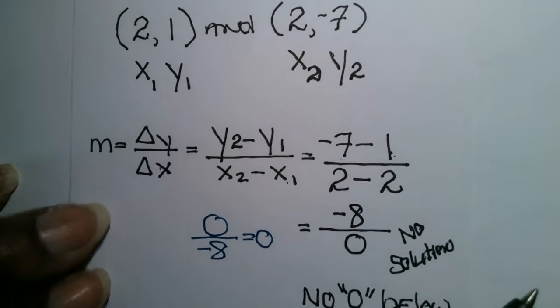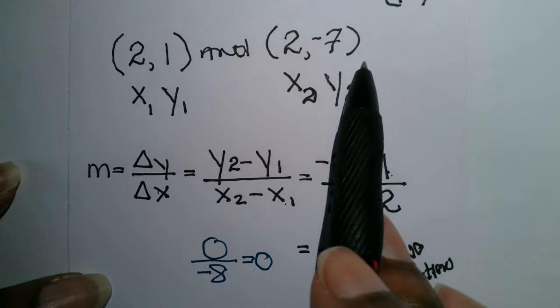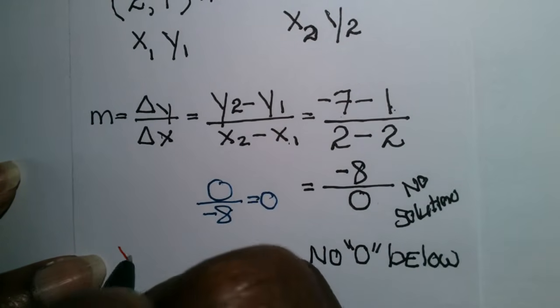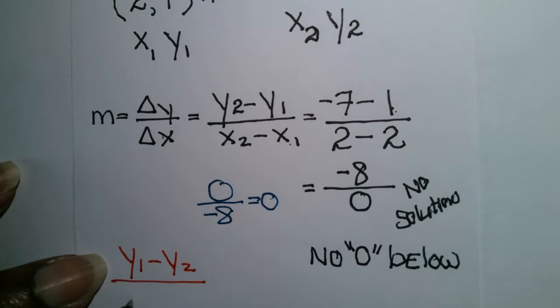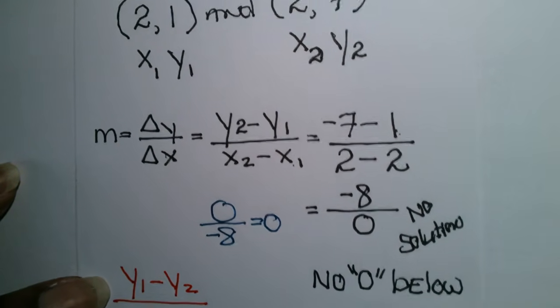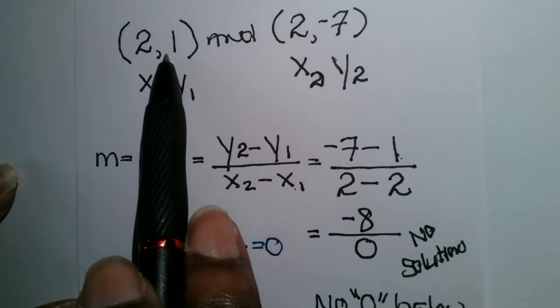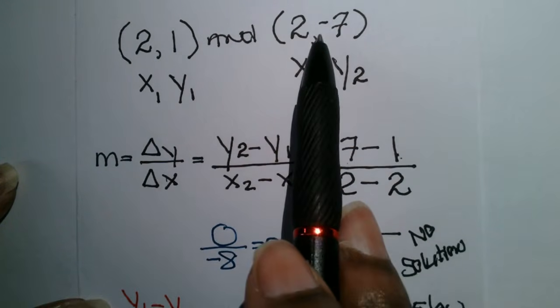Since I'm from a country where we read from left to right, you can also do your y1 minus your y2 over your x1 minus your x2. You can do that as well. Because we're so used to going from left to right, you keep the same rhythm.